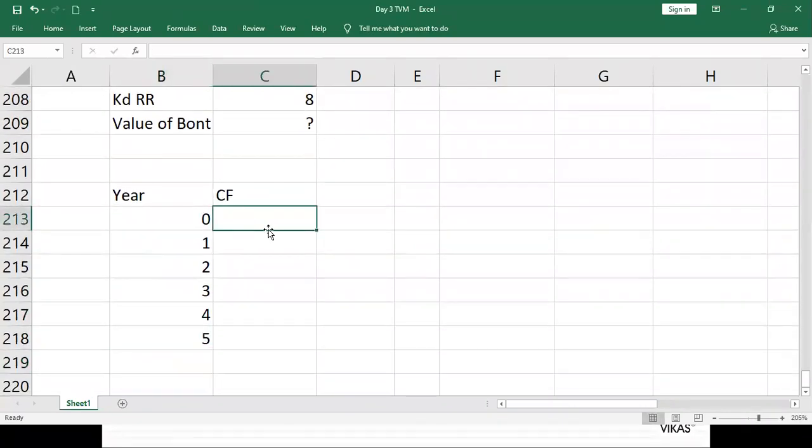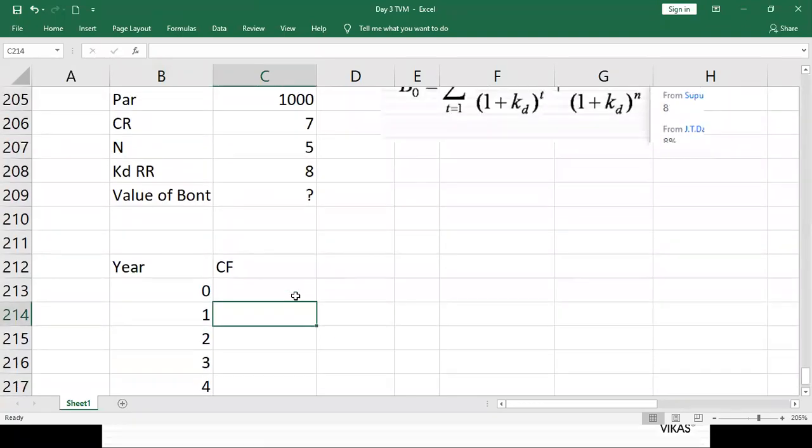End of the first year, how much will you receive as interest? You have purchased the bond with value 1,000. If you purchase this bond for 1,000, how much interest will you receive from this bond?